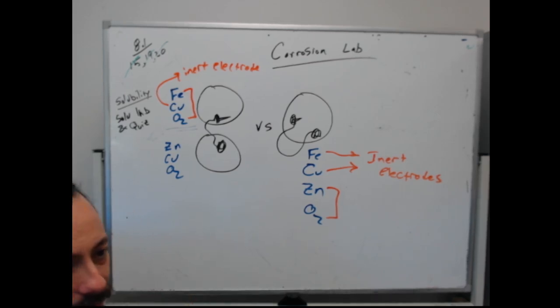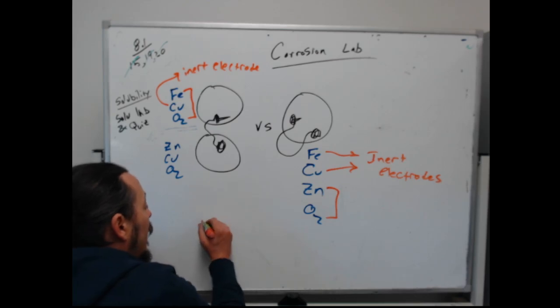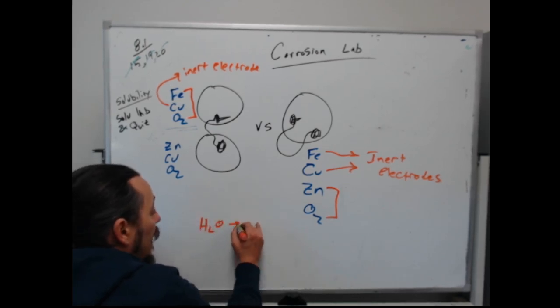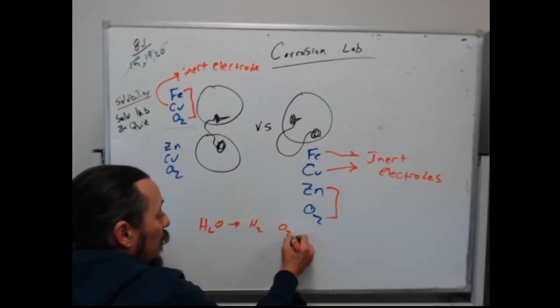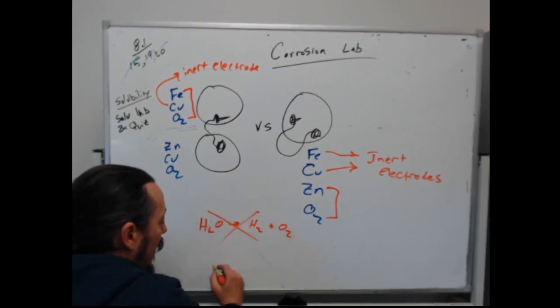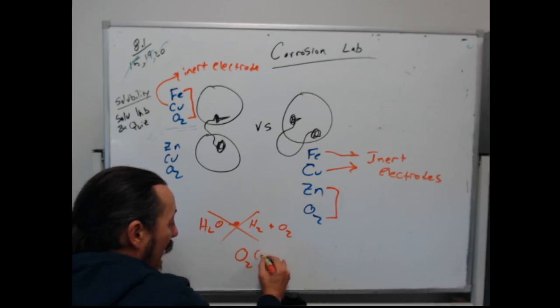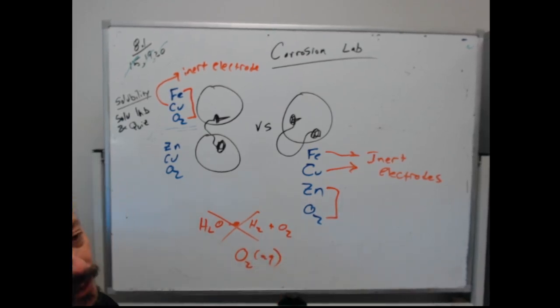So when fish breathe, do they just leave hydrogen behind in the water? It's not like H2O getting split into H2 and O2. That's not what's happening. It's O2 aqueous, oxygen gas dissolved into the water that they're filtering out. So they're able to get it away from all the other water molecules.